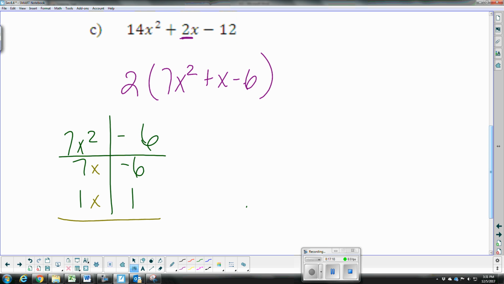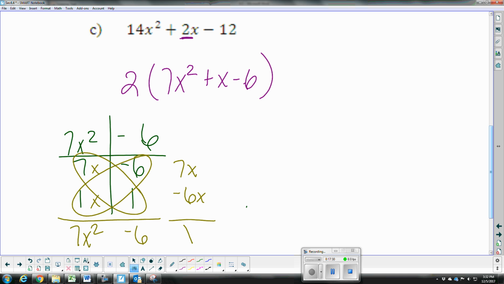So 7x times x is 7x squared. Negative 6 times 1 is negative 6. So there's my A, there's my C. 7x times 1 is 7x. Negative 6 times x is negative 6x. If we add these together, we just get x. Alright, there is my middle term, just my x.